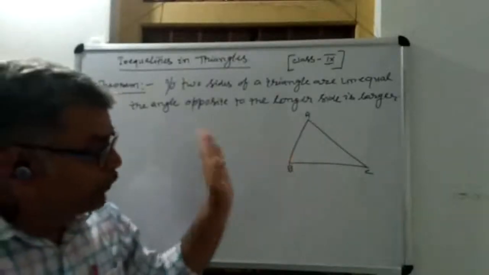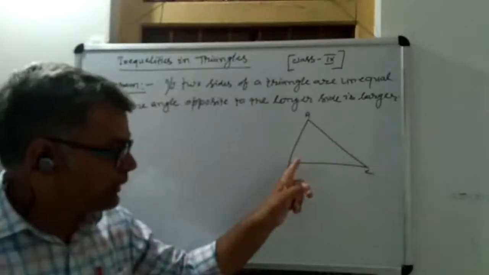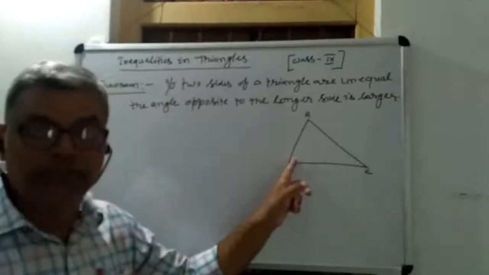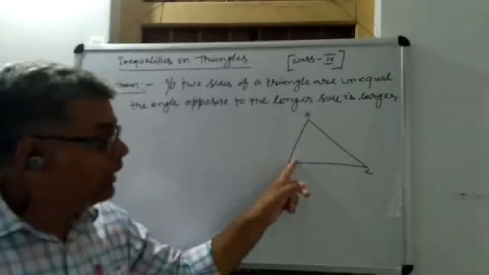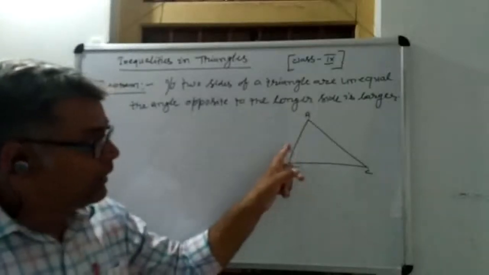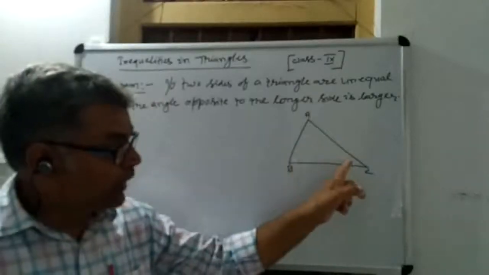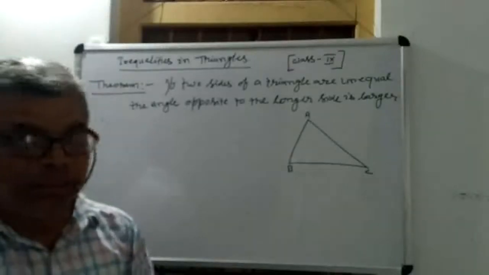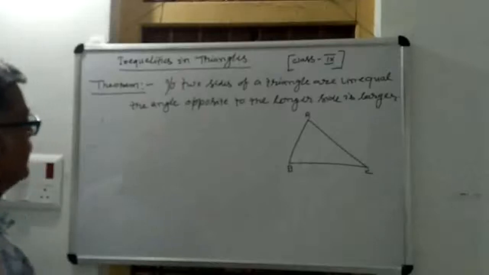Then the property is saying that the angle opposite to the longer side, that is the angle opposite to side AC, that is angle B, will be larger than the angle opposite the shorter side, that is angle C. This is to prove. This is the property of inequalities of triangles.